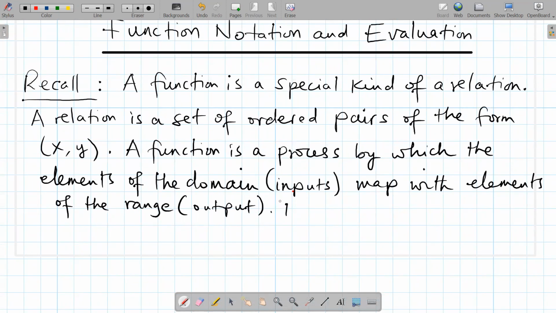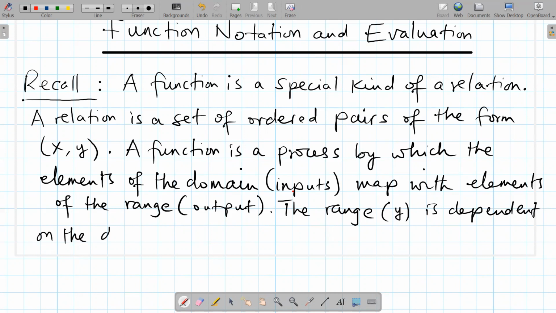Now, we also realize that the range, which I'll use y, is dependent on the domain, which is, let's say, x. What that means is that if we know the value of the domain, if we know our input, that is going to help us find our output, which in this case is the range.